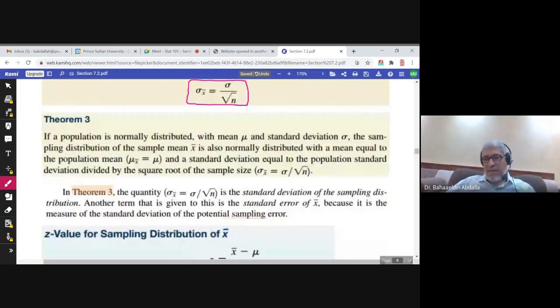Now, the theorem that we can talk about now, the conclusion of all of this. If a population is normally distributed with mean mu and standard deviation sigma, then the sampling distribution of the sample mean X bar is also normally distributed with a mean mu X bar equals mu, and the standard deviation sigma X bar equals sigma over square root of n.